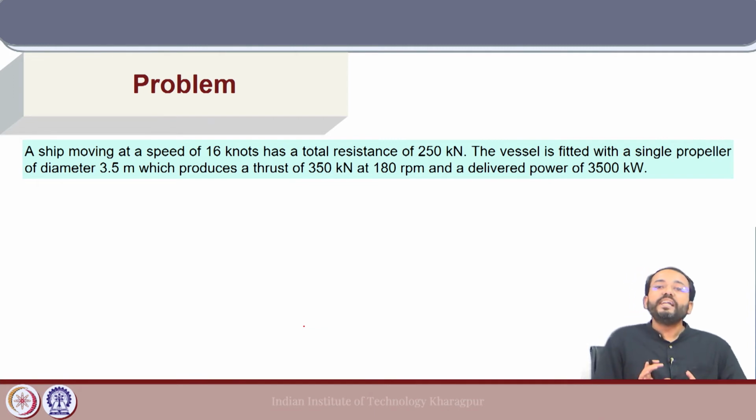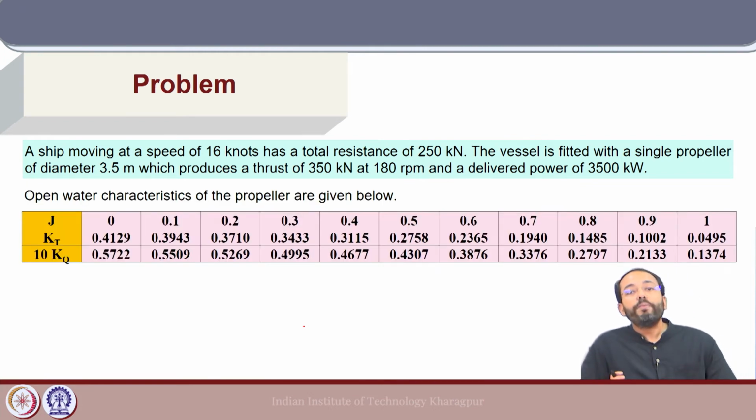So, basically the operating condition for a ship and its propeller is given, and the open water diagram is also given for the propeller, because when we want to calculate all these propulsion coefficients, we need to go to the open water diagram and get the open water thrust and torque coefficients.